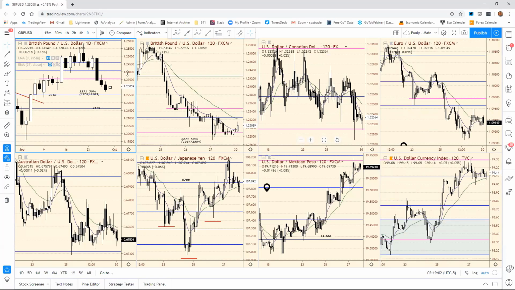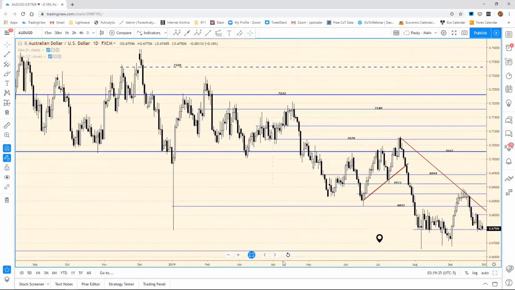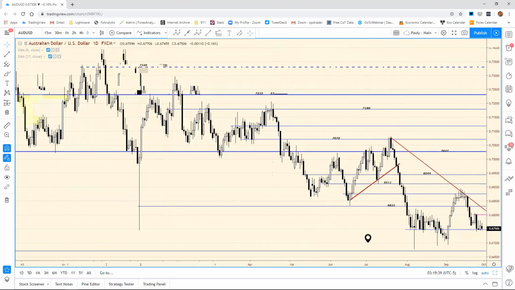Let's move into the Aussie dollar. And like I said, apologies, folks, I'm running one and a half steps slow this morning.